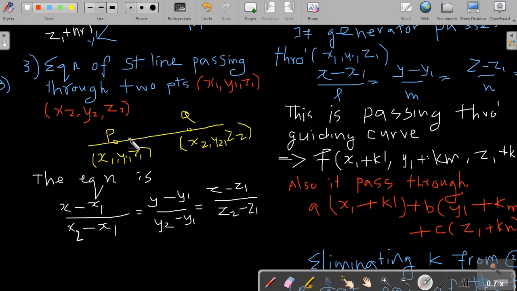We will have the equation of the straight line joining the 2 points P and Q. We can write it as (x minus x1) by (x2 minus x1) equals (y minus y1) divided by (y2 minus y1) equals (z minus z1) divided by (z2 minus z1). So this is the third form of the straight line equation. This is how we can understand the straight line equations.